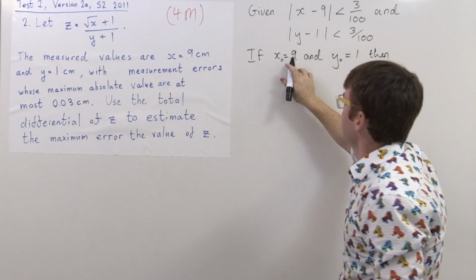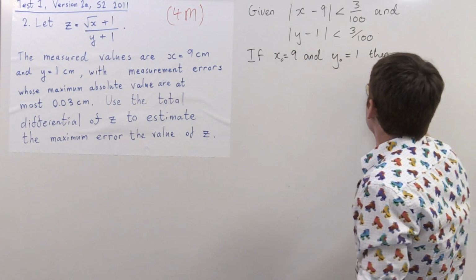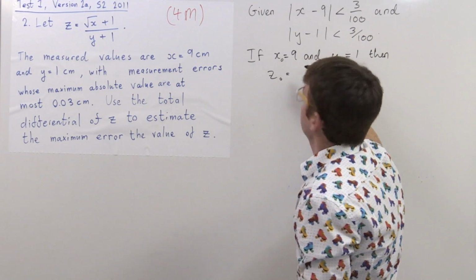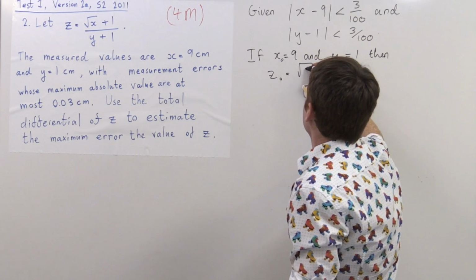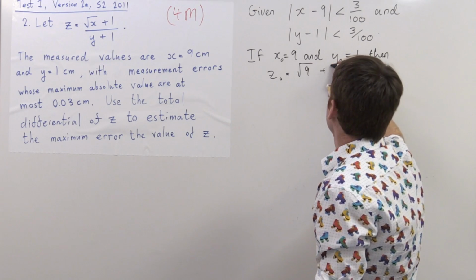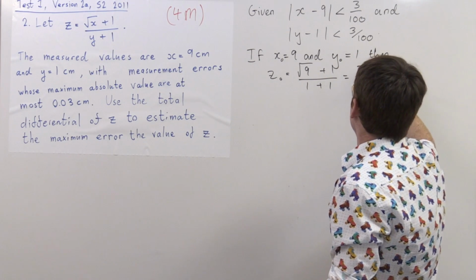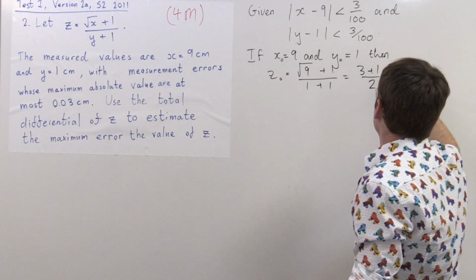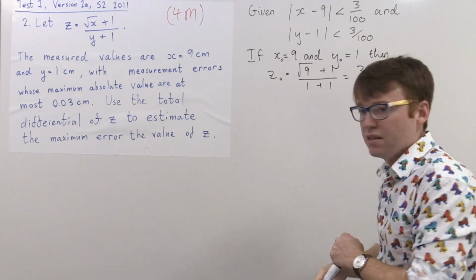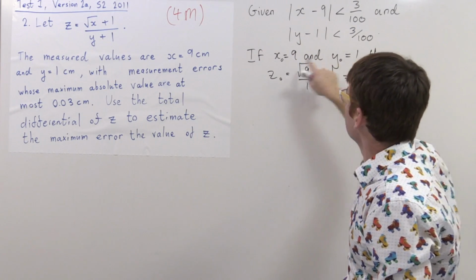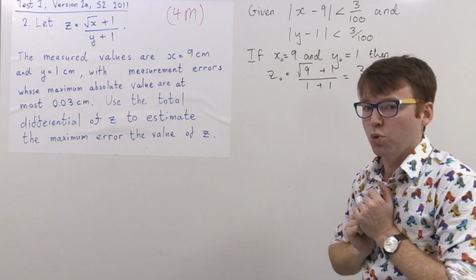If this is our measured value, then z0 is, let's see, the square root of 9... Good. So if these measurements are exactly right, then z is 2.